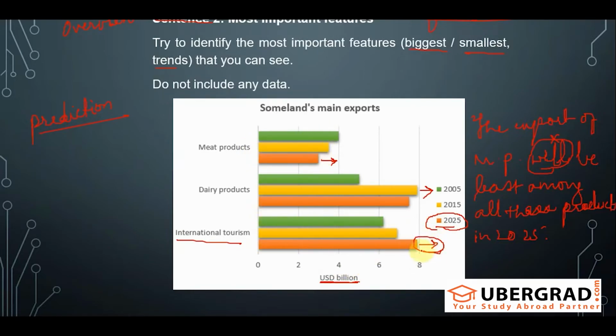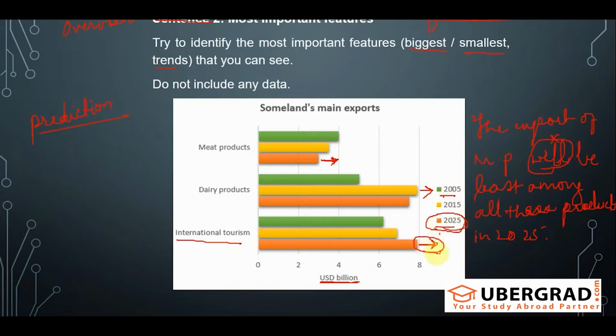It may become the highest export by the year 2025, and meat products will become the least of the three products in terms of revenue by the year 2025.